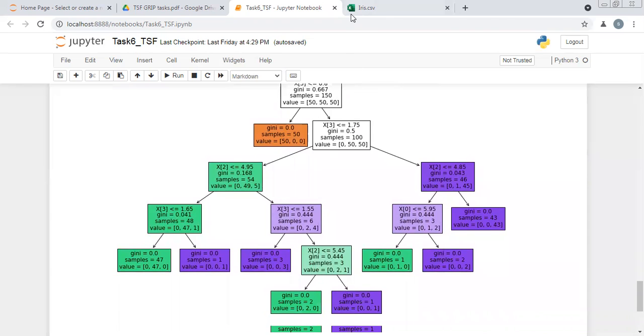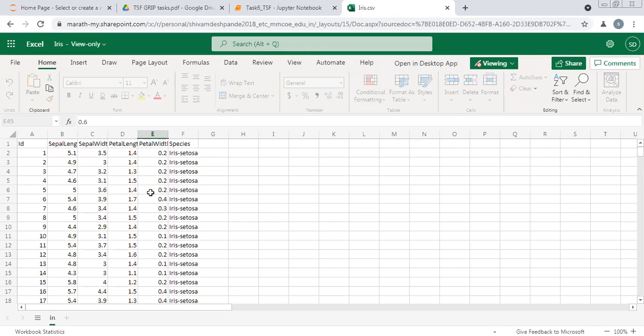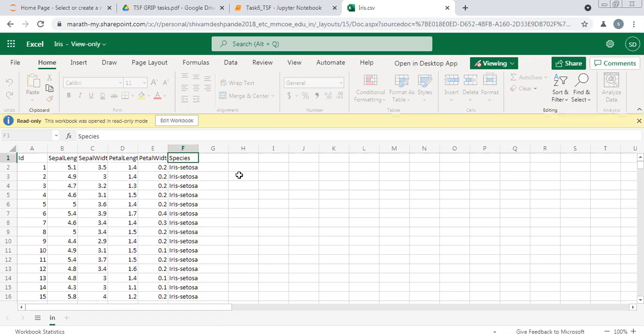Now about the data set that we have been given: it contains four input variables, sepal length, sepal width, petal length, and petal width, and one predictor variable, species.